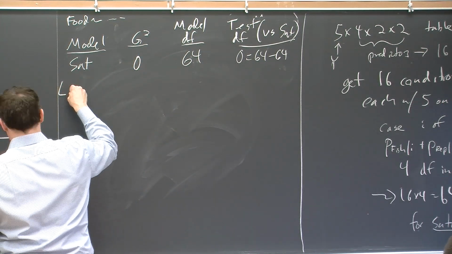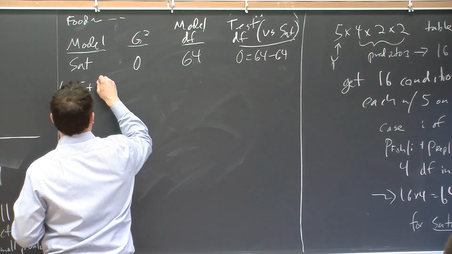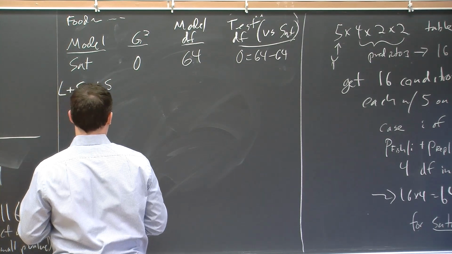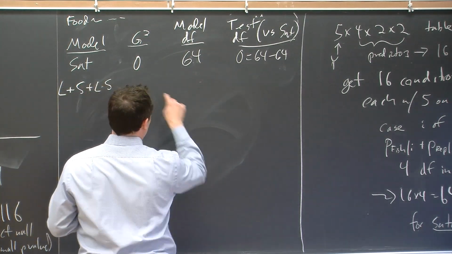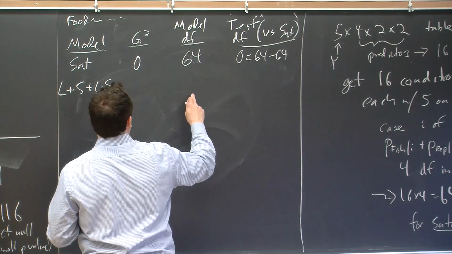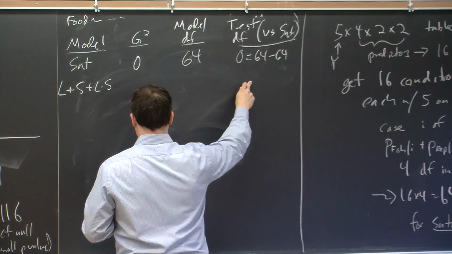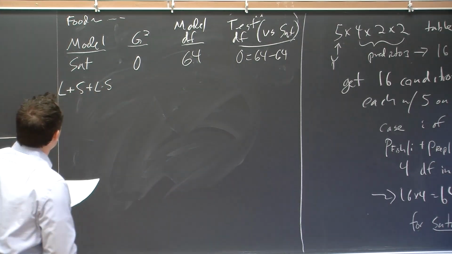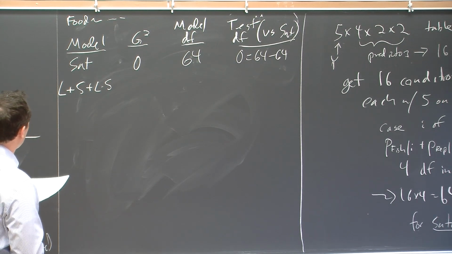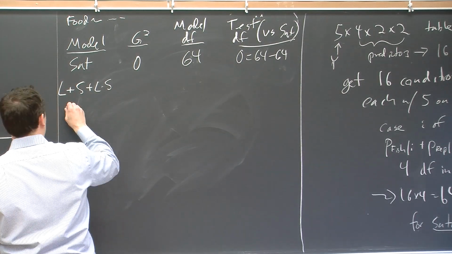Okay, then we have lake plus size plus lake times size. That was an example. This was the one that was problematic, so I'm not going to put it as G squared, but we could compute its degrees of freedom and its test degrees of freedom. Well, let's do an easier one first.